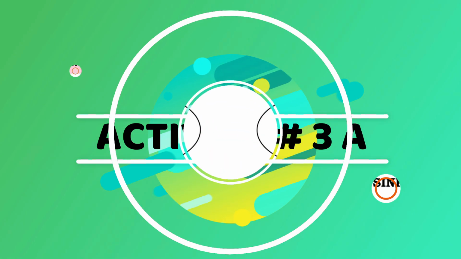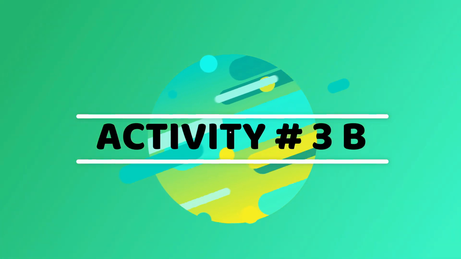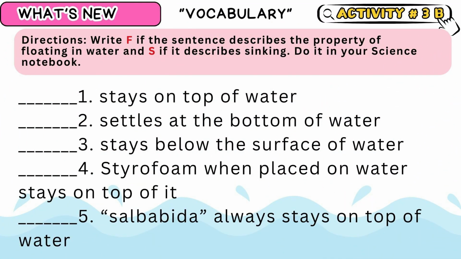Activity number 3A. Directions: look around your home, find at least 2 materials that float and another 2 that sink. Draw it in your science notebook. Activity number 3B. Directions: write F if the sentence describes the property of floating in water and S if it describes sinking.